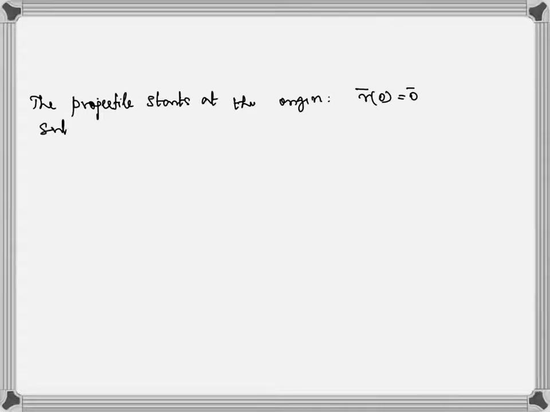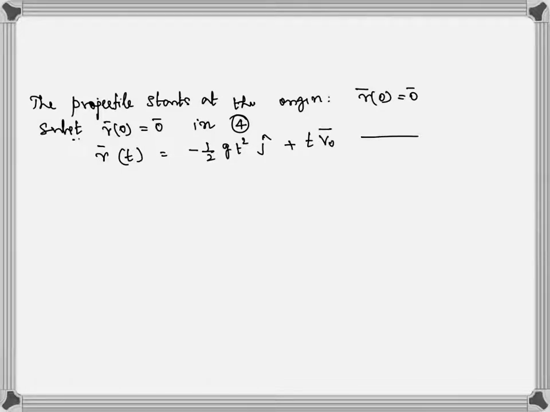So using this and substituting this into the previous step, in step 4, we get r of t equal to negative half g t squared j plus t v0 plus 0. So that will be just t v0.